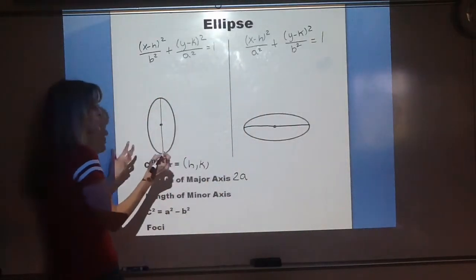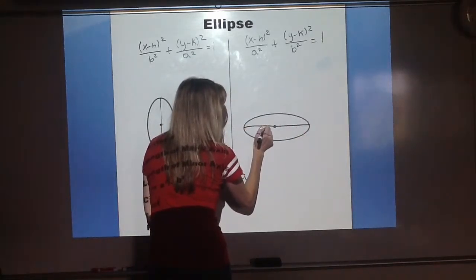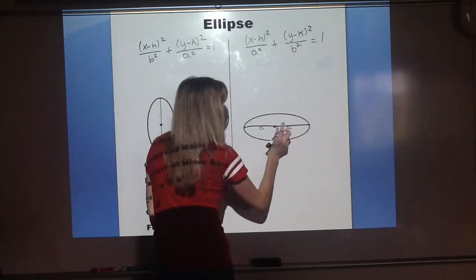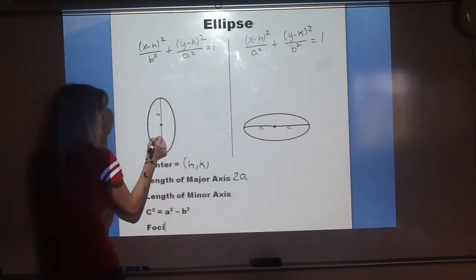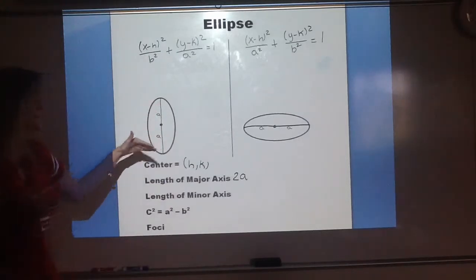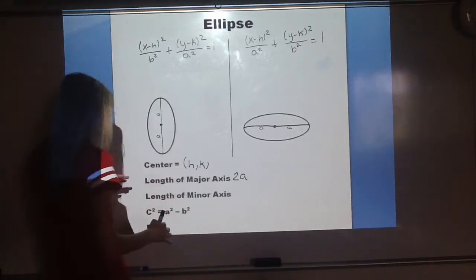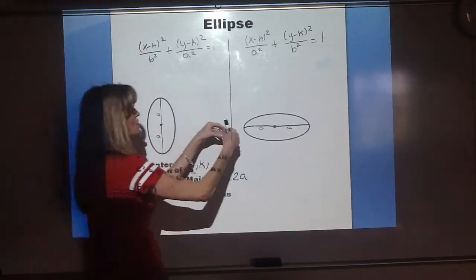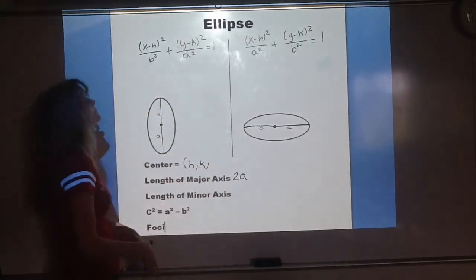Okay? And if you know that, that whole distance is 2a, and that means this is a, and this is a, and a plus a is 2a. And this distance is a, and this distance is a, and a plus a is 2a. And we'll use some numbers in a minute with that. All right, so the major axis is the long axis. It goes with the bigger denominator.